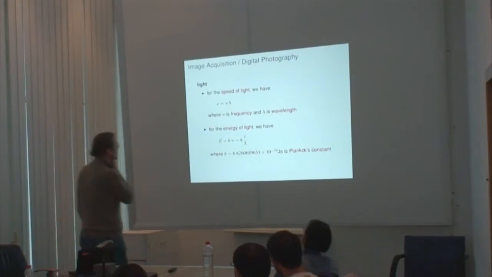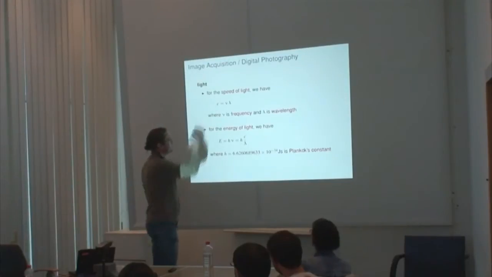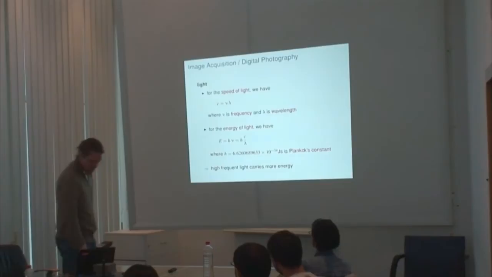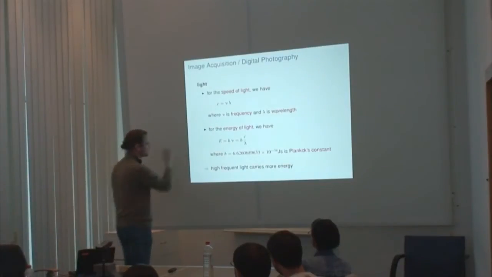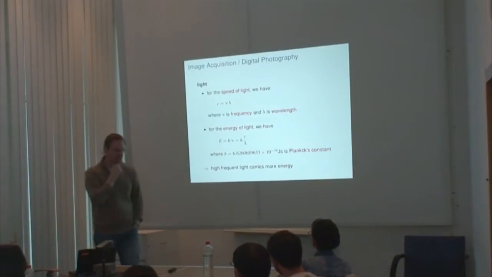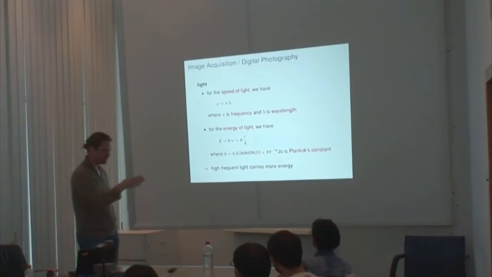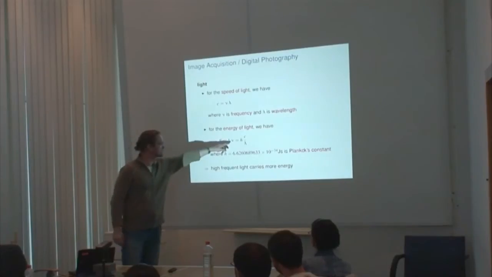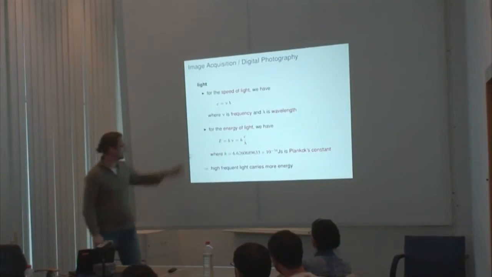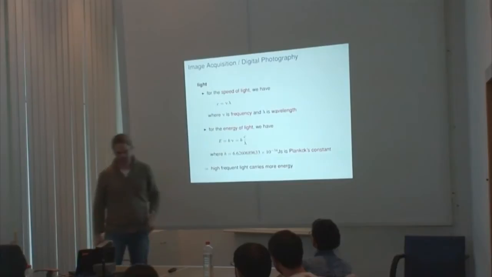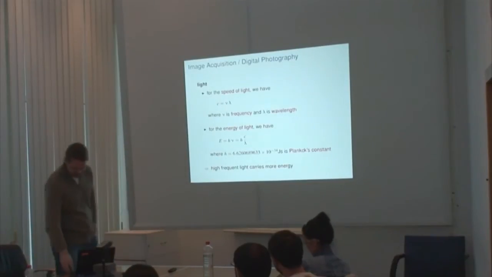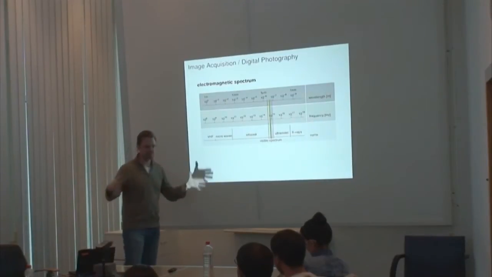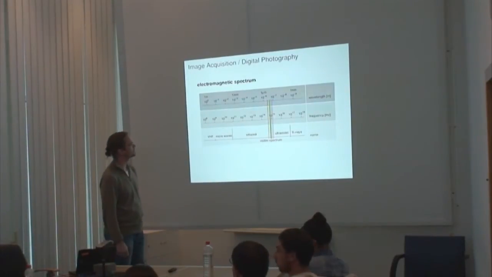And if we look at how this is defined, we first realize that if we are talking about a high frequency light wave, it carries more energy. The larger this factor nu is, the larger is the energy, right? H is a constant. But there is this reciprocal relationship between wavelength and frequency.